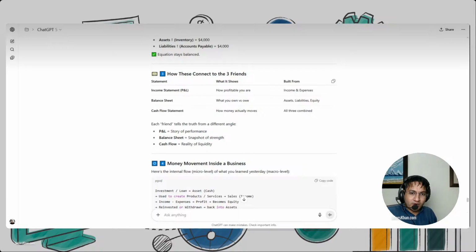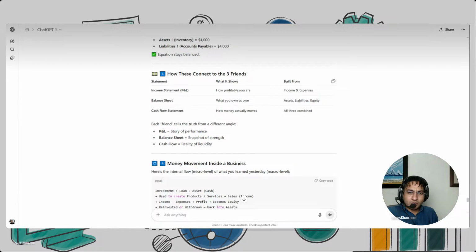Balance sheet: what you own in my name or under my control, and what we owe, what we get on credit, or what we said we will pay later. So that's the thing. Assets, liabilities, equity.